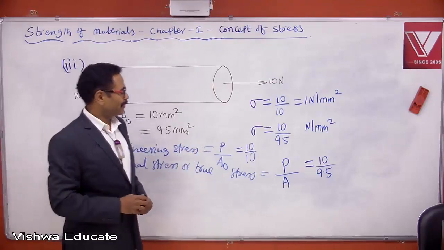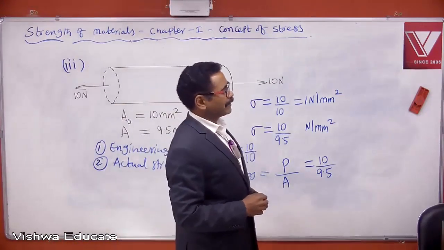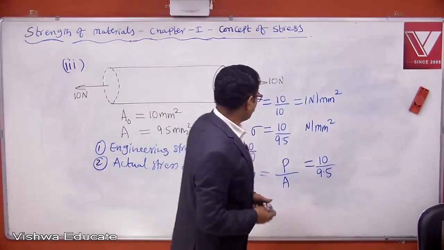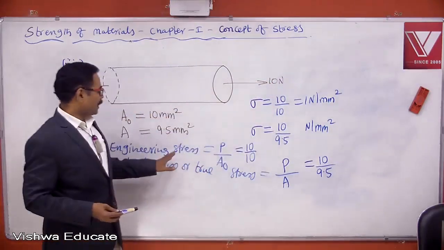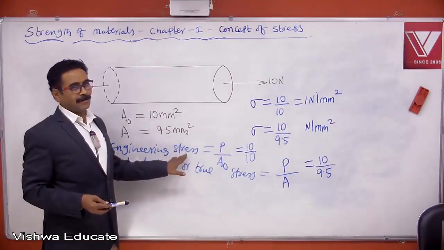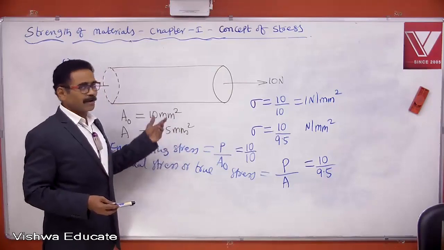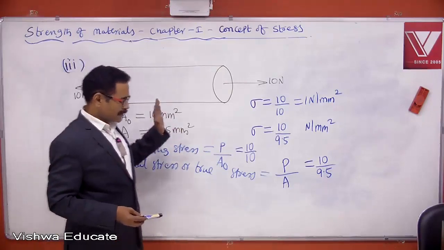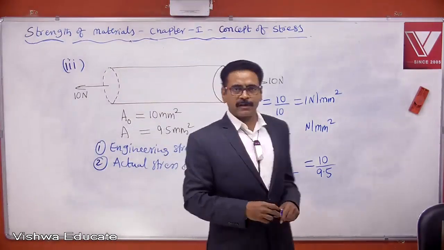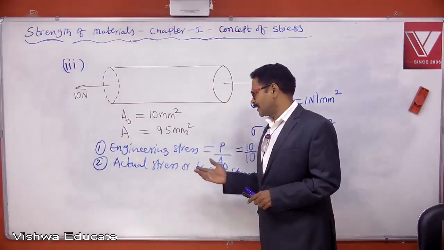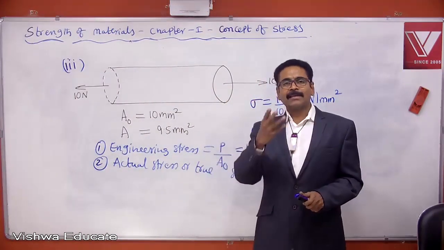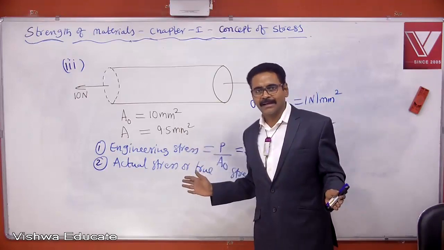What stress did you find in BTech? Most of the time we find engineering stress only. All of our calculations, either design or non-design, every stress we calculate by using original area of cross section. That means we are finding engineering stress. We are not finding the actual stress.